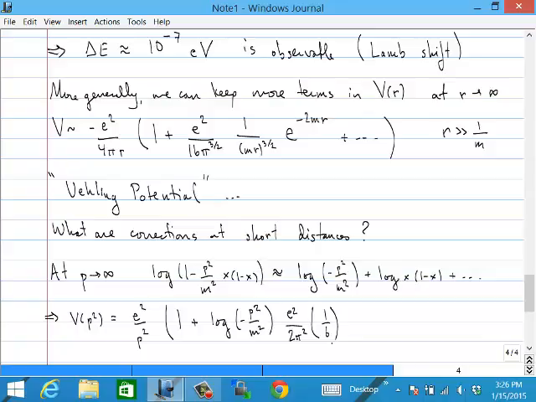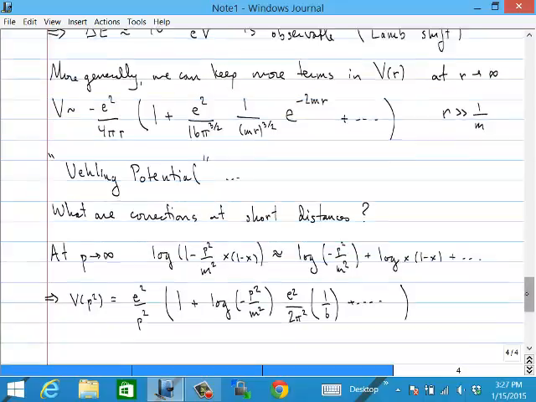And then the first correction to that is just given by the integral dx of x times 1 minus x times log of x times 1 minus x, which is some constant. I think it's 5/3 or something like that. But it's not particularly important. But you get a whole series of corrections that are suppressed as p goes to infinity.